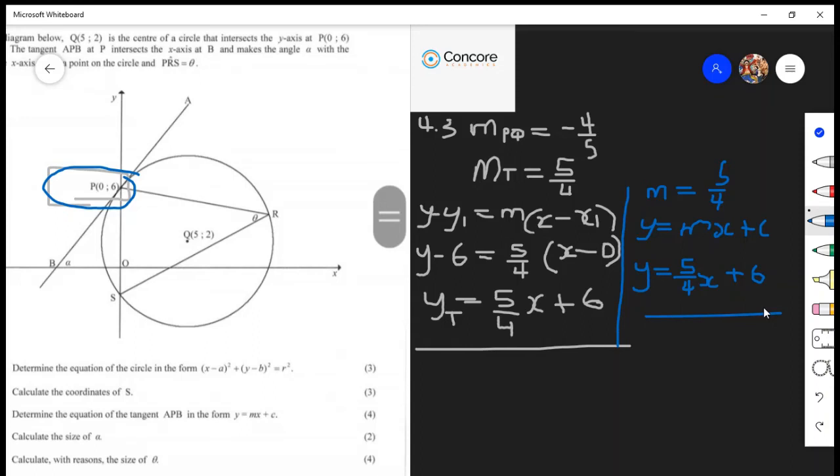Like you saw with the previous question, I think it was question 3, when they asked us to calculate the equation of one of the lines. We weren't given a y-intercept, so we had to use the first method. So does everyone understand both methods before we go on to question 4.4?